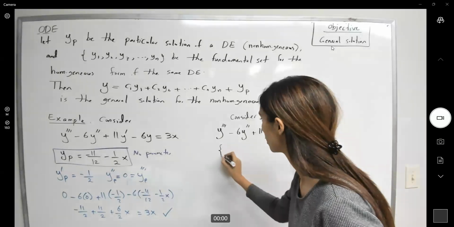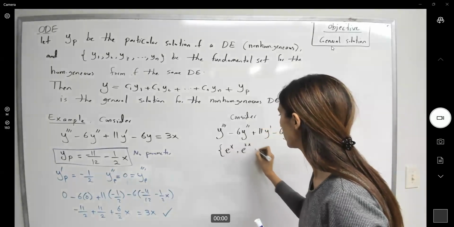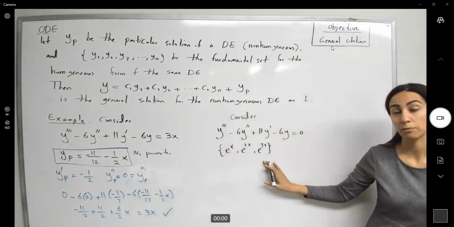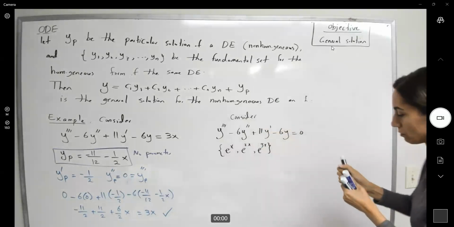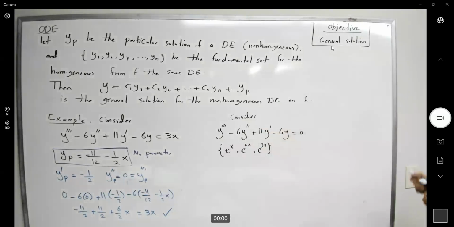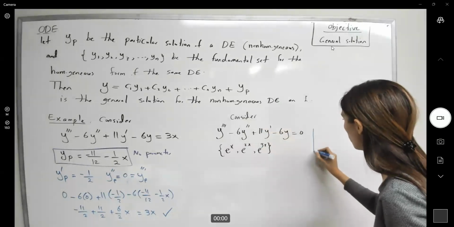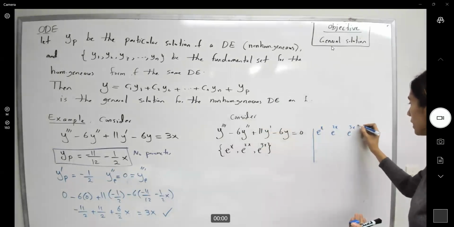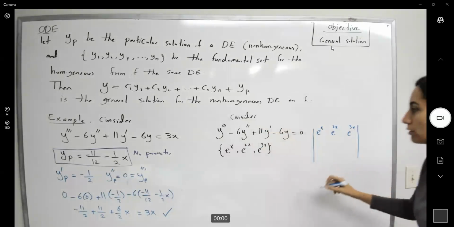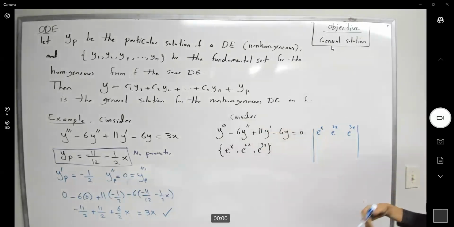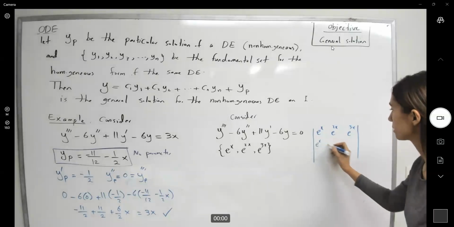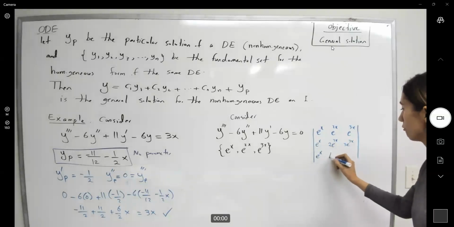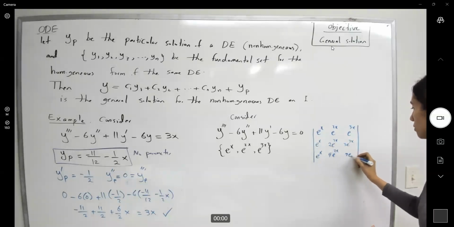Then the fundamental set is e to the x, e to 2x, and e to 3x. Let's check to see if it's the fundamental set by finding the determinant this way: e to the x, e to 2x, e to 3x, and the first and second derivatives. We write this determinant for a 3 by 3 matrix. You get e to the x, 2e to 2x, 3e to 3x, and then e to the x, 4e to 2x, and 9e to 3x.